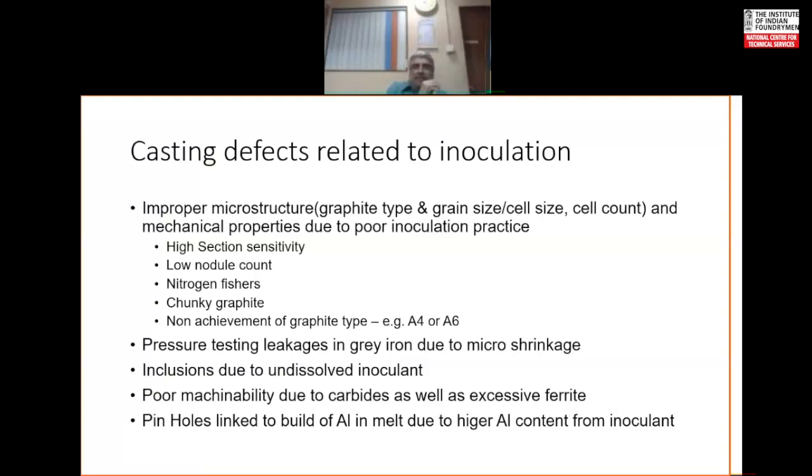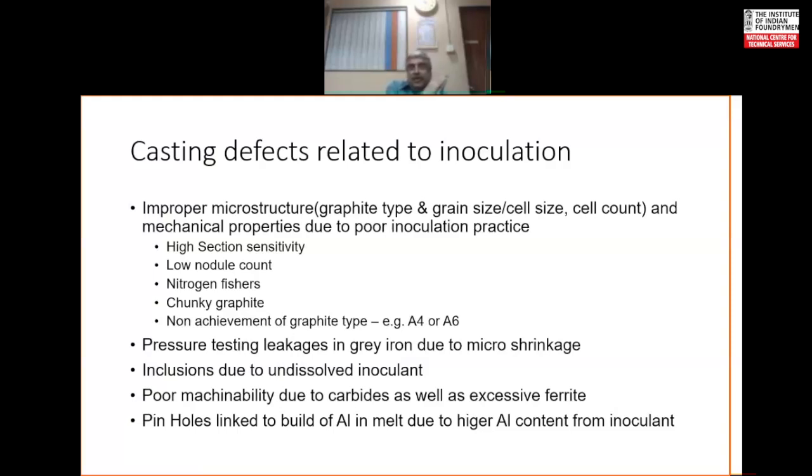That is what will happen when you are using strontium. While if you are using another type of inoculant, maybe something like zirconium-containing or barium-containing inoculants, late stream applications, you may find that while you are getting good strength, or rather too much strength on the higher side, you land up with problematic microstructures. Inclusions we have already talked about.